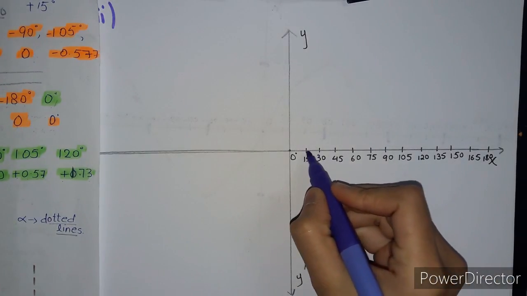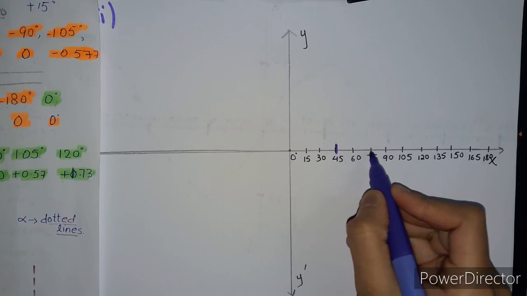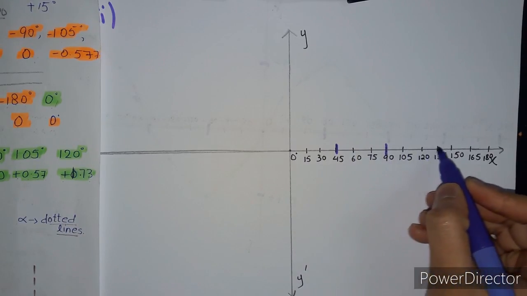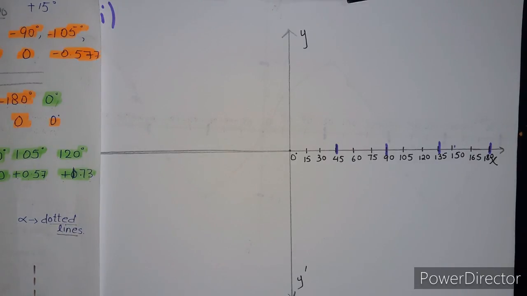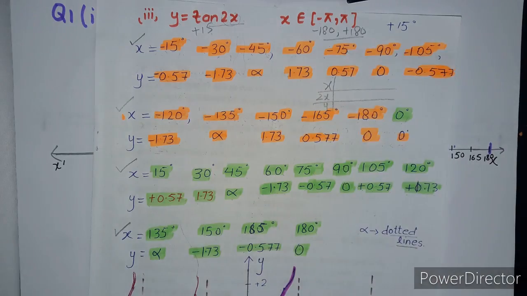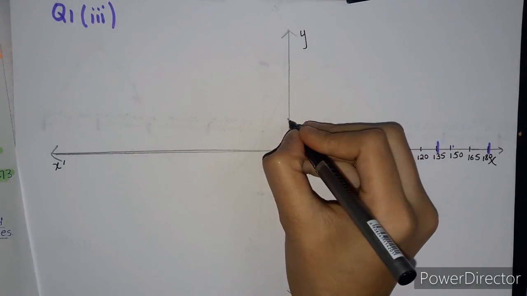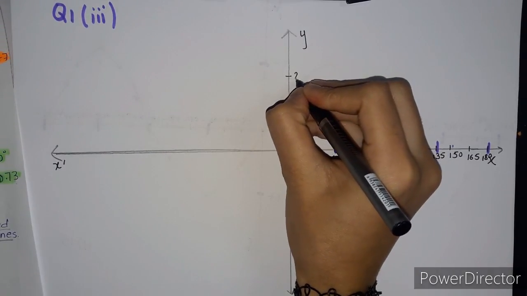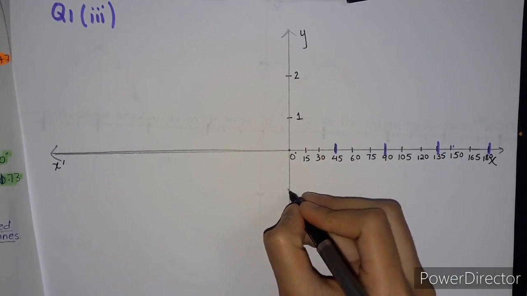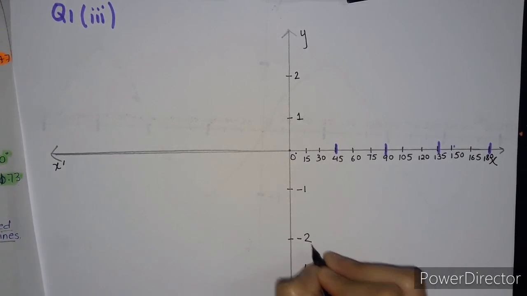Same, leave 2 points and then highlight: 1 2, 1 2, 1 2. This is how you will highlight. Then the maximum value is 2 and the minimum value is minus 2. So the maximum values here would be 1 and 2, and here would be minus 1 and minus 2.